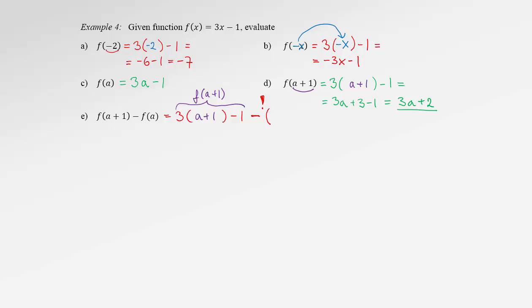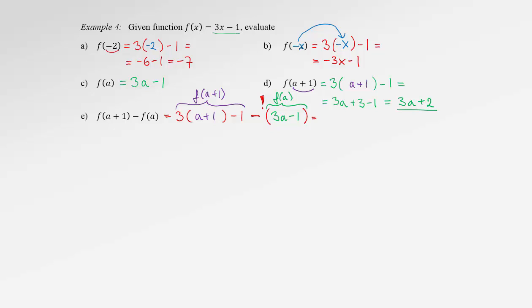So inside this big bracket, we are plugging f of a. But what's f of a? Well, we already calculated this, but even if not, you just follow the function: instead of x, plug in a. So it's 3a minus 1. Complete the bracket. So this part represents f of a. And altogether we have f of a plus 1 minus f of a.